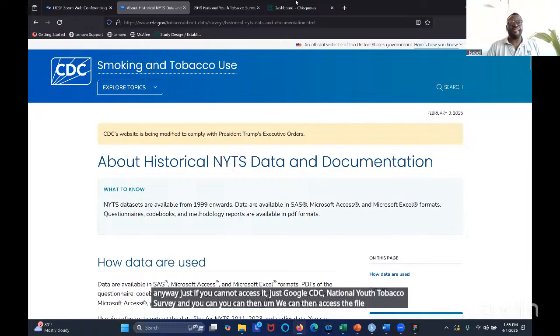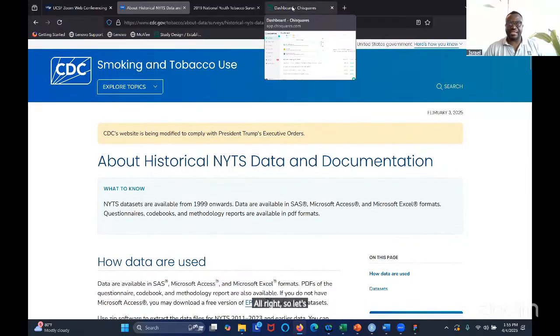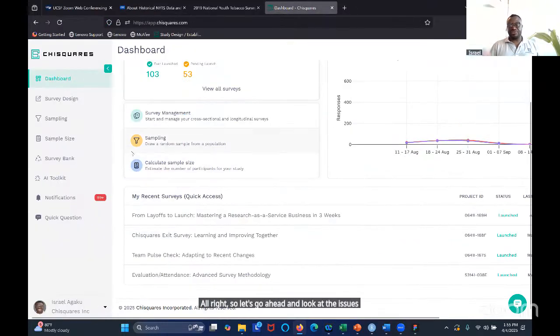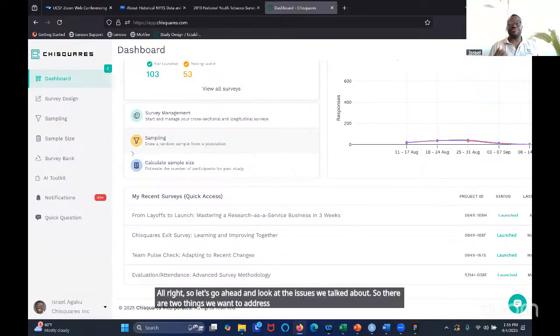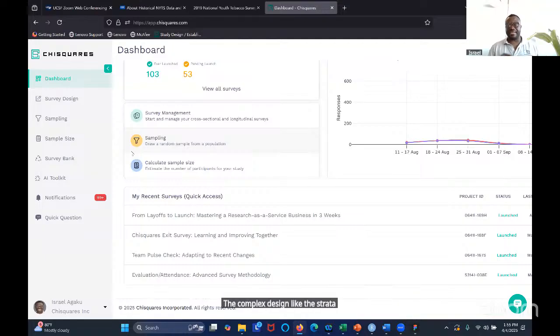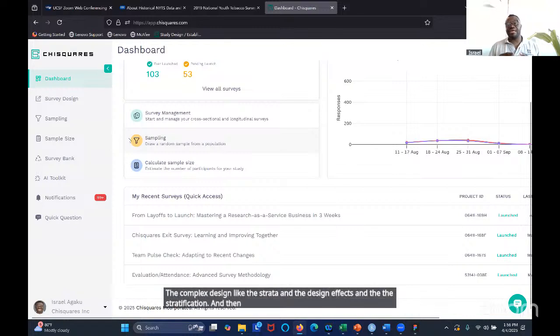All right, so let's go ahead and look at the issues we talked about. There are two things we want to address. First, how do we calculate sample size for a complex survey, bearing in mind that we have to account for the complex design, like the strata, the design effects, and the stratification? And second, how do we sample when we're using clusters?